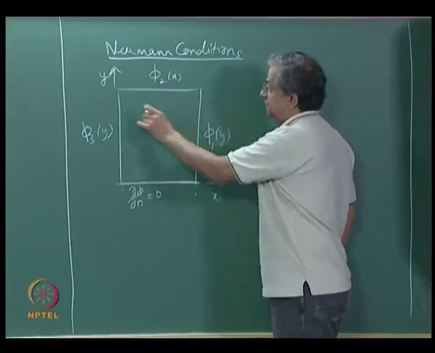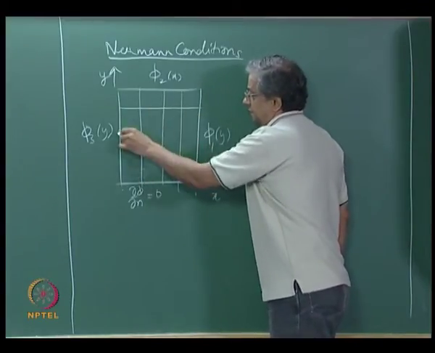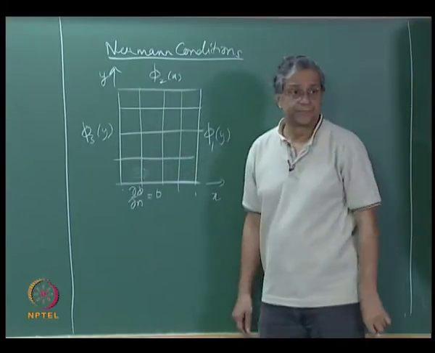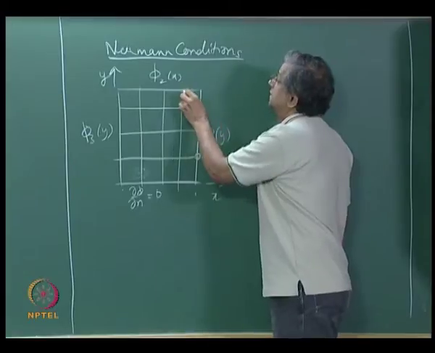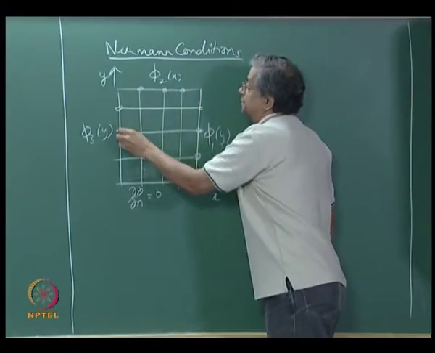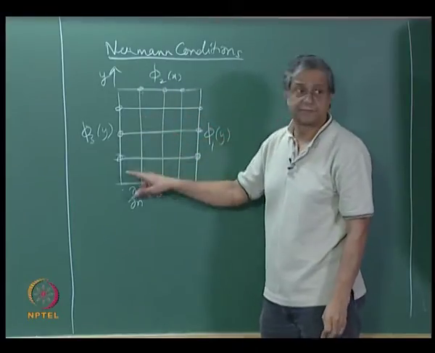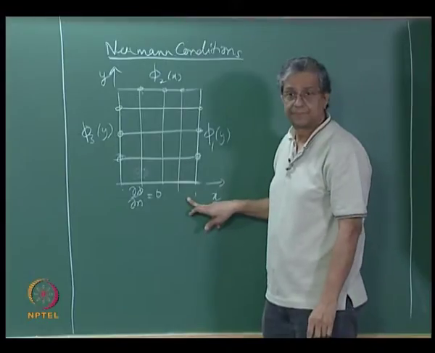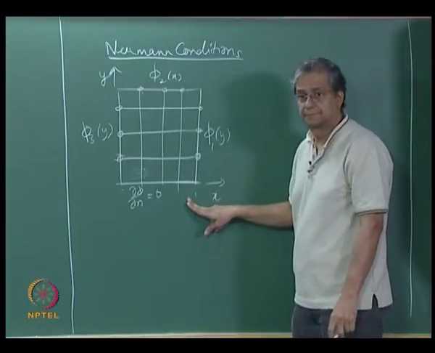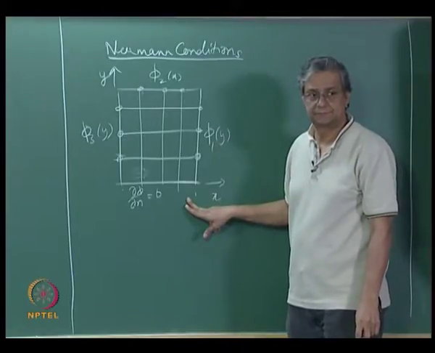So if you were to discretize this, if you were to break this up using grid lines, okay, on these nodal values it is possible for you to find the phi value directly from the function specified. So what do we do here? What do we do at the bottom? I need a proposal. Finite difference.